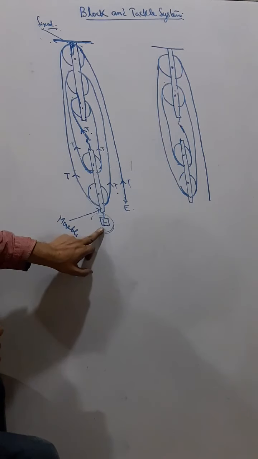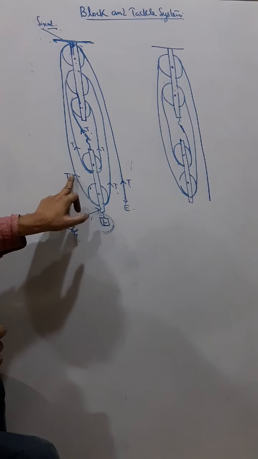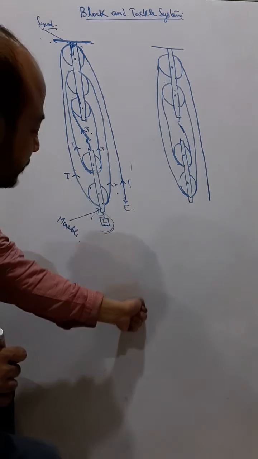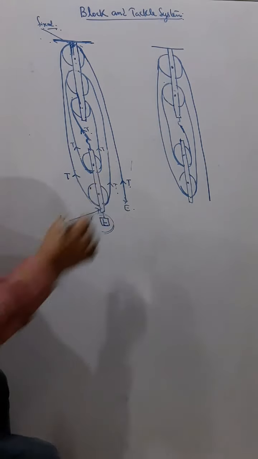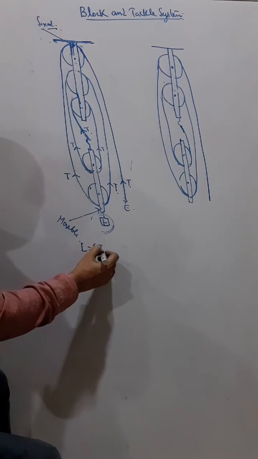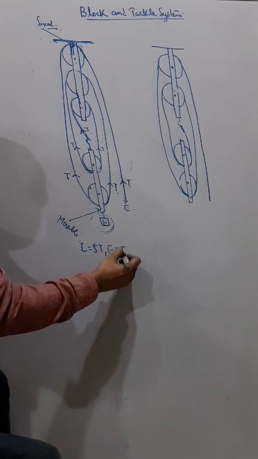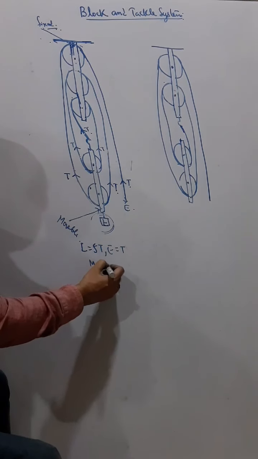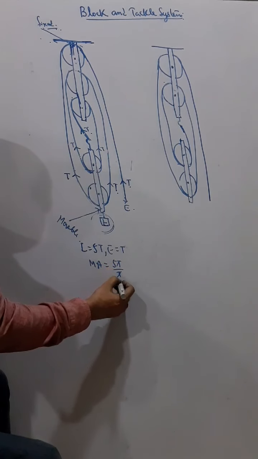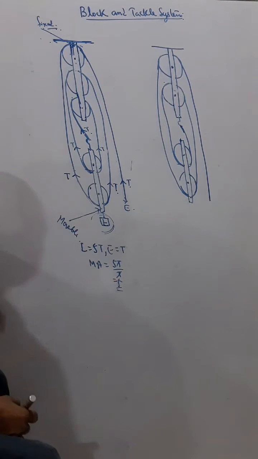So this load is divided into these 5 parts. Okay, and while we are pulling, we are just applying one part. So finally we can say that load is equal to 5T, effort is equal to T. So mechanical advantage will be load by effort. So mechanical advantage is 5.